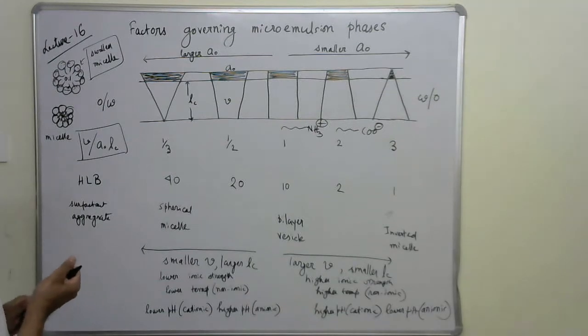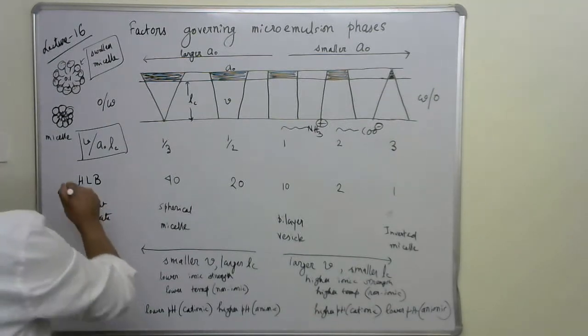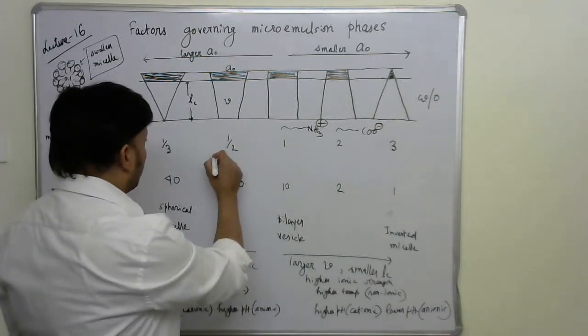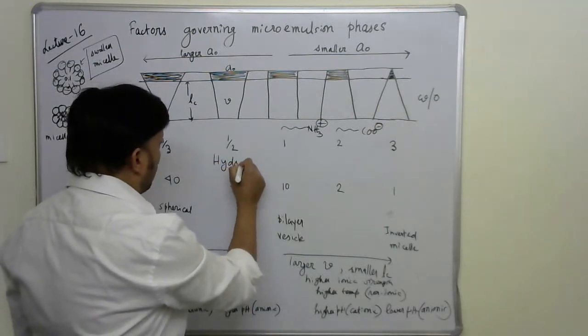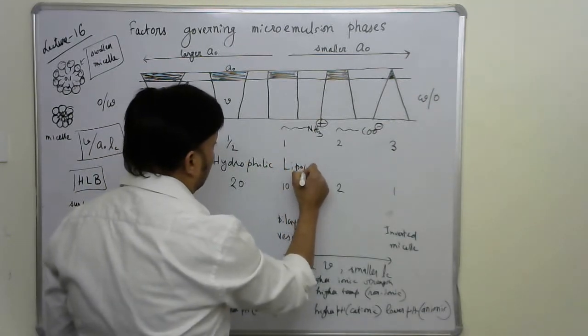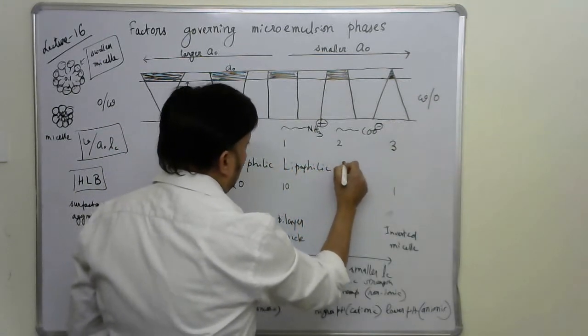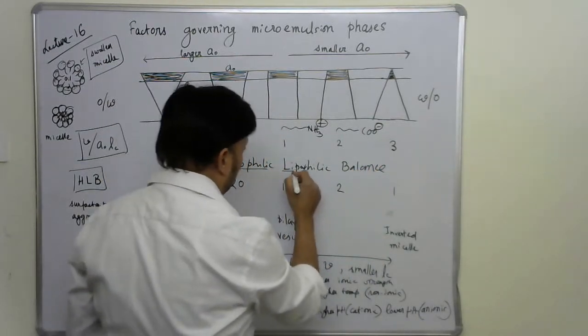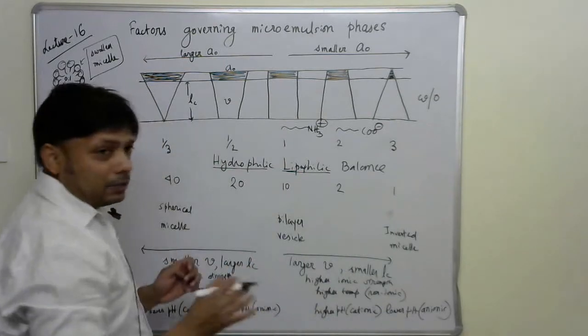And there is one more parameter I have written, HLB. So HLB stands for an index. It is called the hydrophilic lipophilic balance. Okay, so that means in a surfactant there is a hydrophilic part, there is a lipophilic part. So the balance between the two.